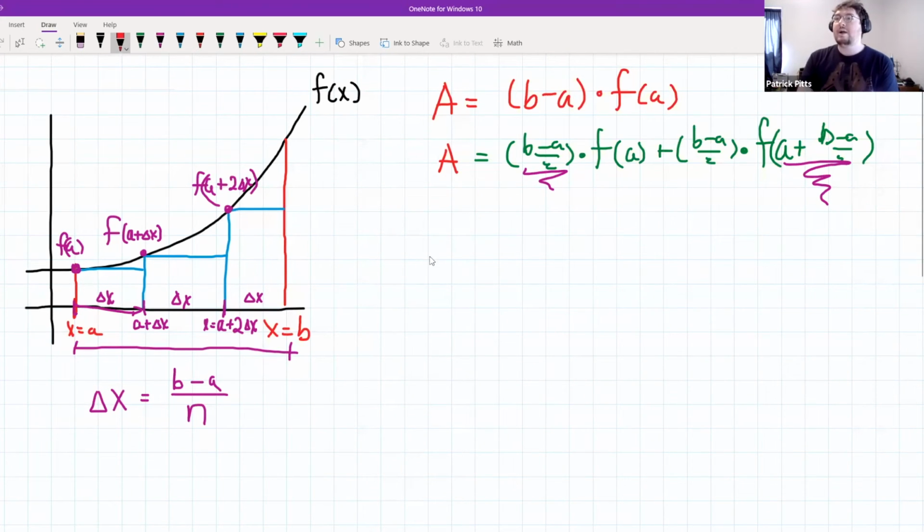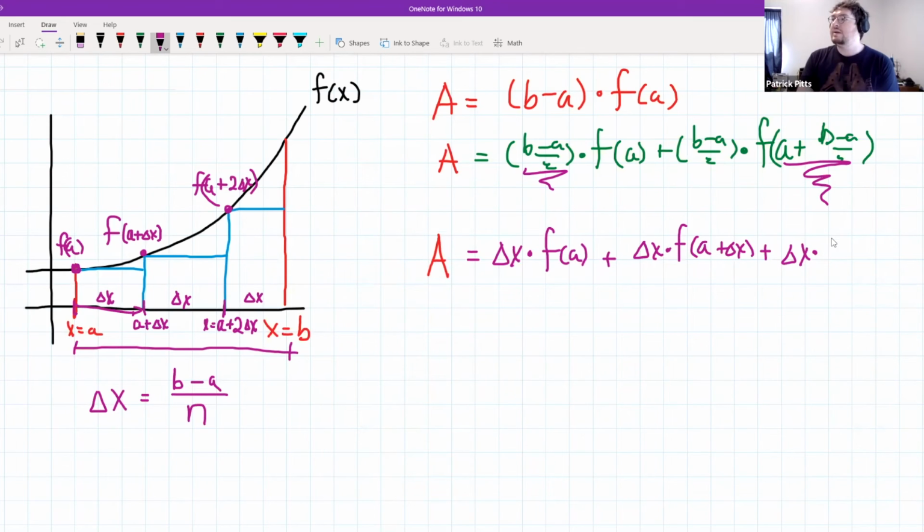So our area then becomes delta x times f of a plus delta x times f of a plus delta x plus delta x times f of a plus 2 delta x. Shocking.